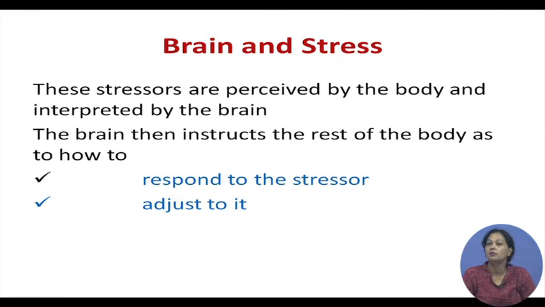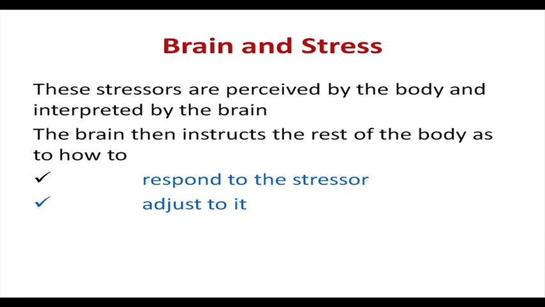So, the stressor may be from outside or from within, that is, it may be a biological stressor or an environmental stressor as we have spoken of earlier, and these are perceived by the various sense organs and then interpreted by the brain.